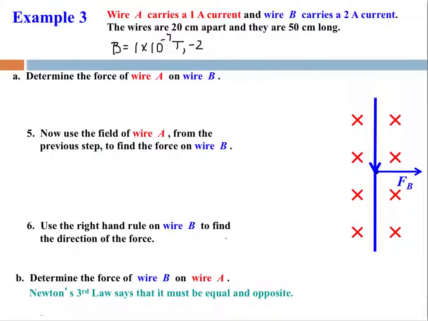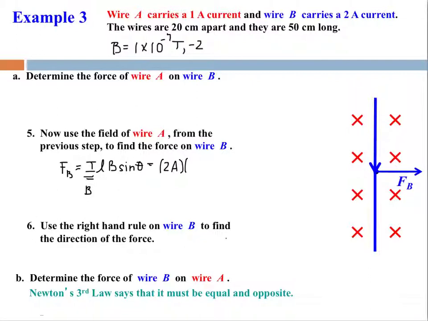So now that we know the strength of the field at point P, now we can solve for the force on wire B. So, to do that, we simply use our new equation, which is ILB sine theta. In this case, they are already perpendicular to each other, so that means we just need to use the current of wire B. So that is 2 amps.